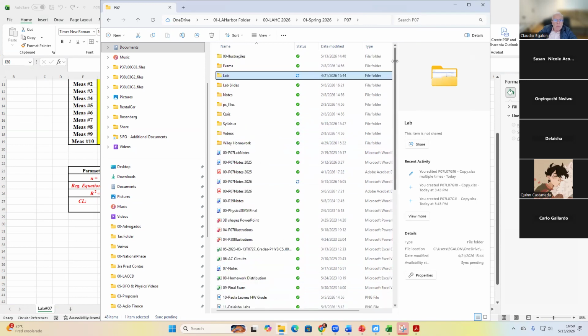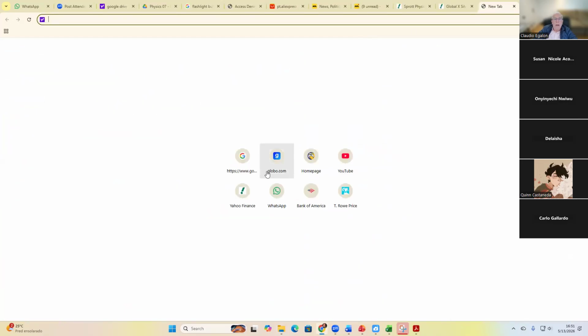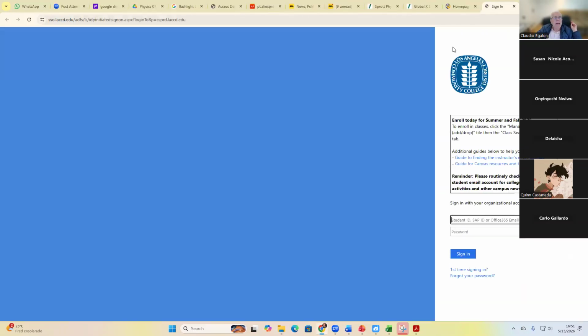I'll have to download it from Canvas. You know, they used to have a link for Canvas here, right? But they took it out for some reason. So we have to go through the SIS portal.